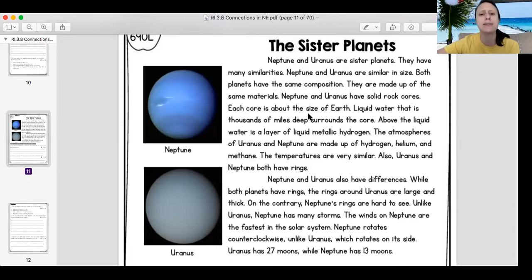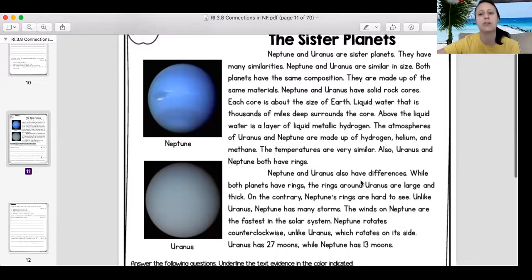Each core is about the size of Earth. Liquid water that is thousands of miles deep surrounds the core. Above the liquid water is a layer of liquid metallic hydrogen. The atmospheres of Uranus and Neptune are made up of hydrogen, helium, and methane. The temperatures are very similar. Also, Uranus and Neptune both have rings.